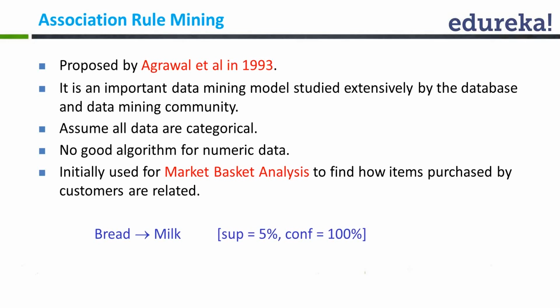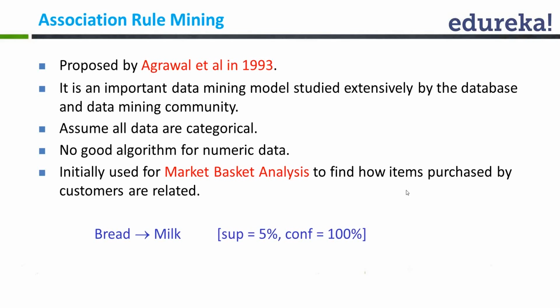Whereas association rule mining, or frequent pattern mining, is simply based on counting. There are some math aspects to it, but the core algorithm is simply based on counting. We'll see what exactly is being counted and how those counts are used.